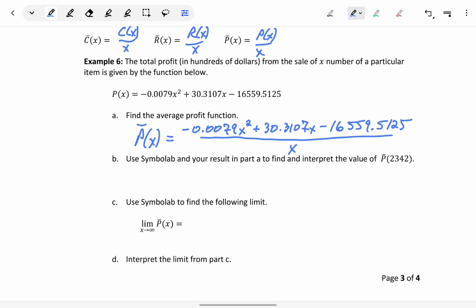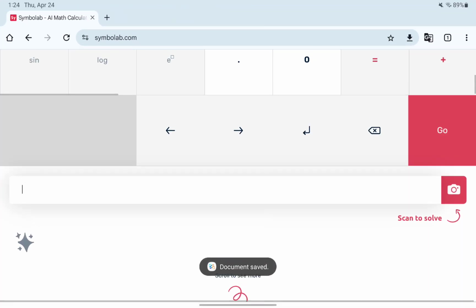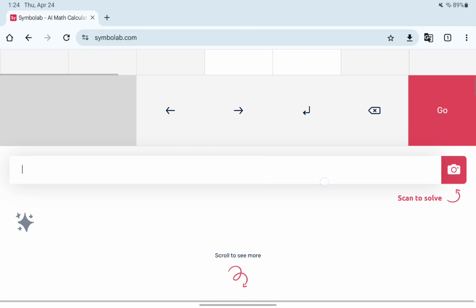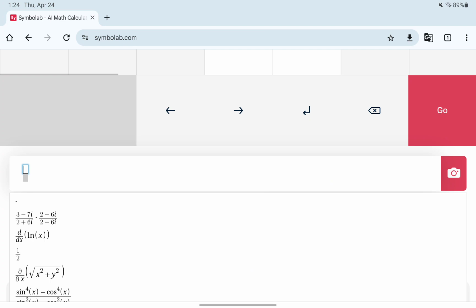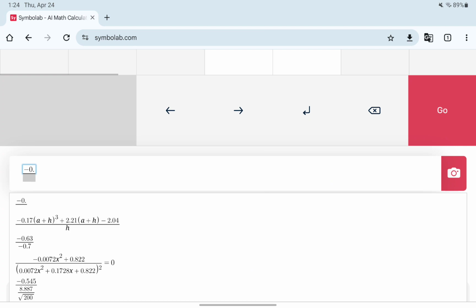Then in part B, we want to use Symbolab and your result in part A to find and interpret the value of P bar of 2342. To enter in this rational function, we'll start by using the slash, and that will input a fraction for us. Then we can type in the expression that we have in the numerator.